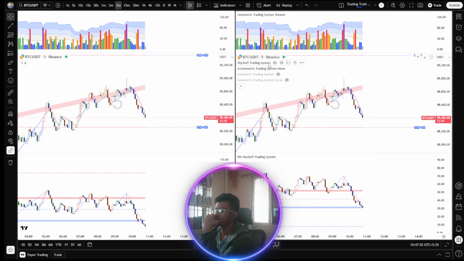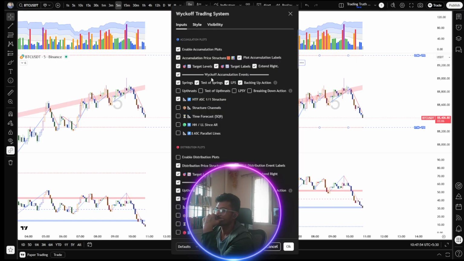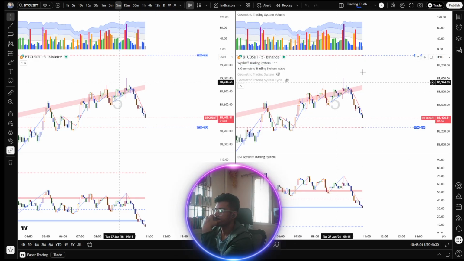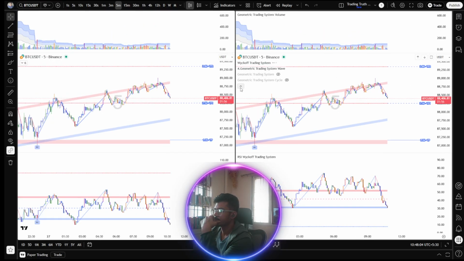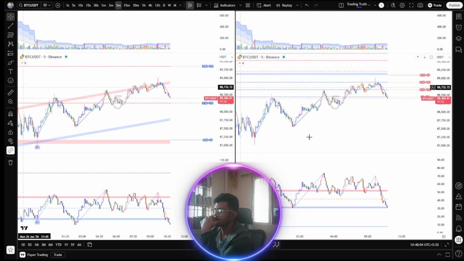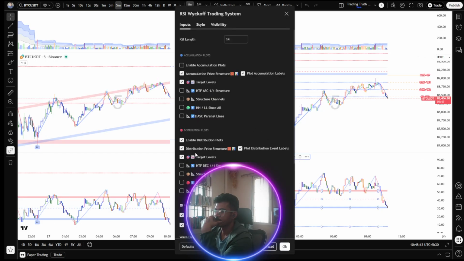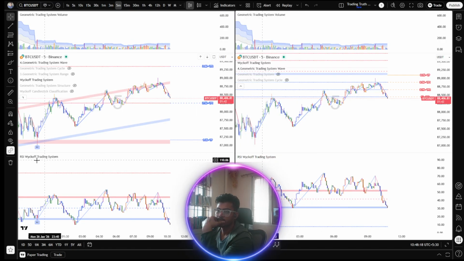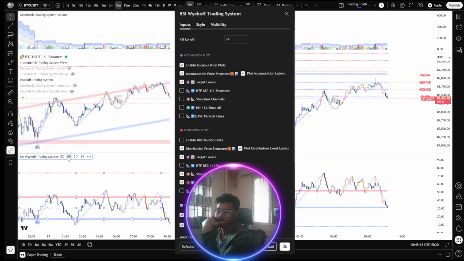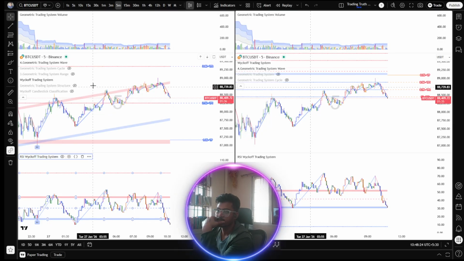All right, let me just enable distribution plots. Right. Yeah, there we go. Here, yep, distribution. Here it's accumulation. Okay. Yep.